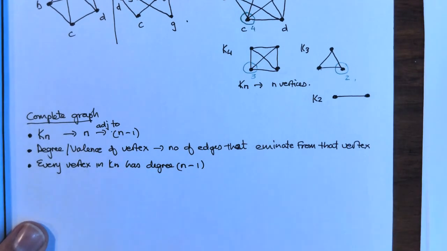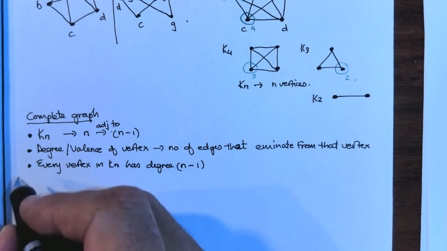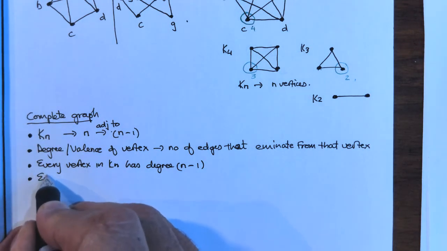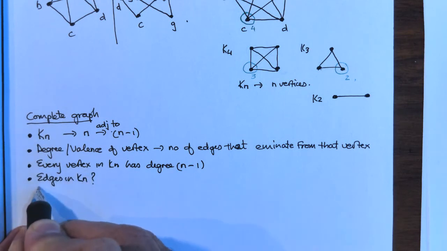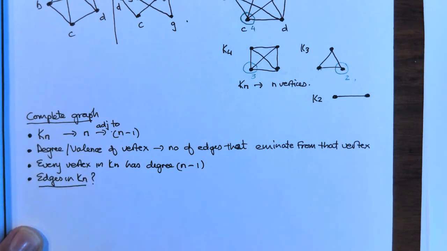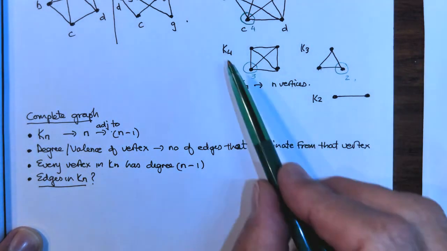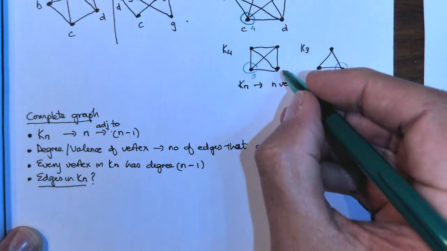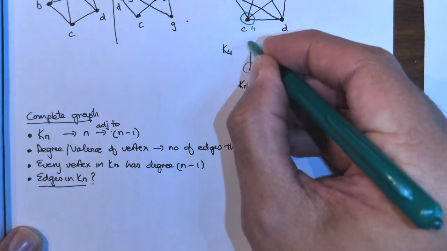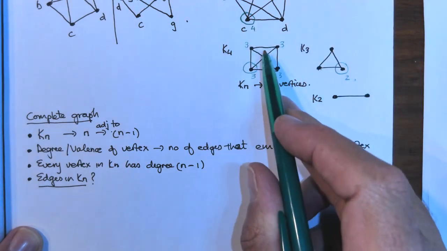So that's fine. But now, how many edges? Edges in Kn, we have that as a question now. One might think that the answer would be, if it is 4 vertices, that it's 4 times 3, because each vertex has a degree of 3.